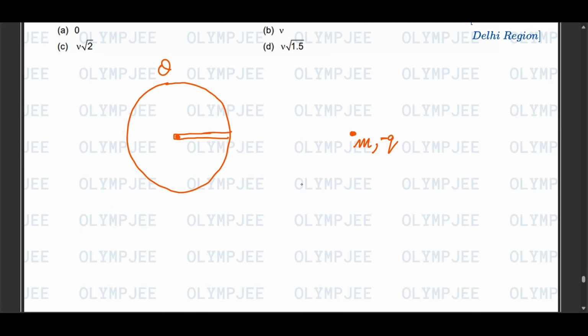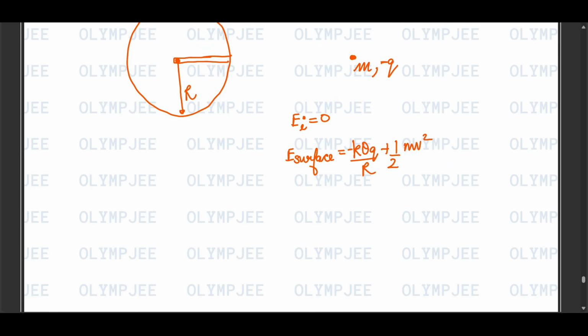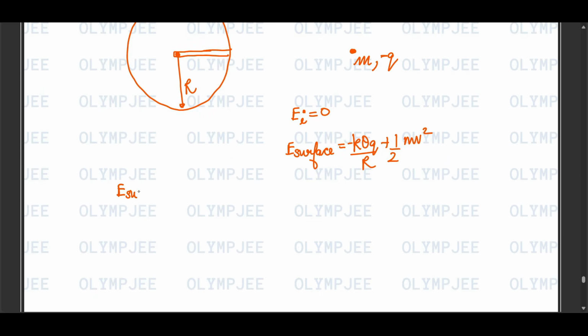So initial energy is equal to 0, and on reaching the surface, the energy will be equal to, and due to energy conservation, energy at surface should be equal to initial energy, conservation of energy.